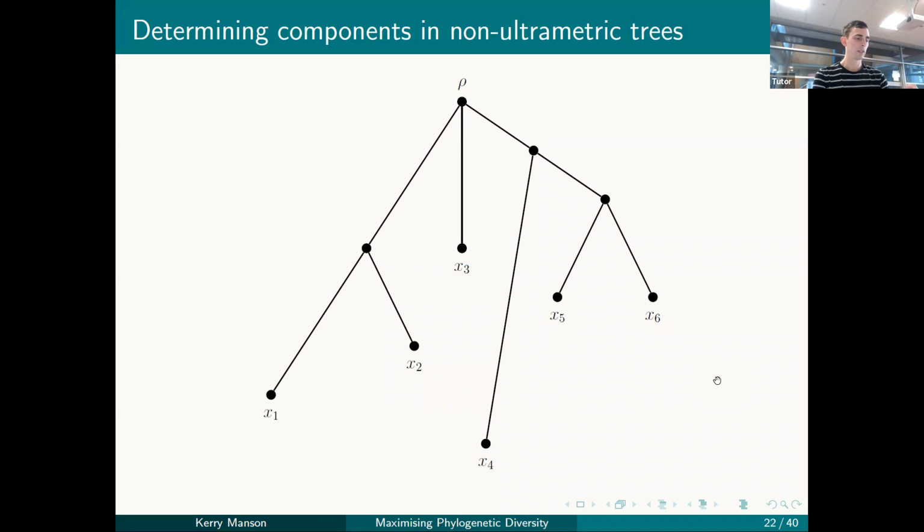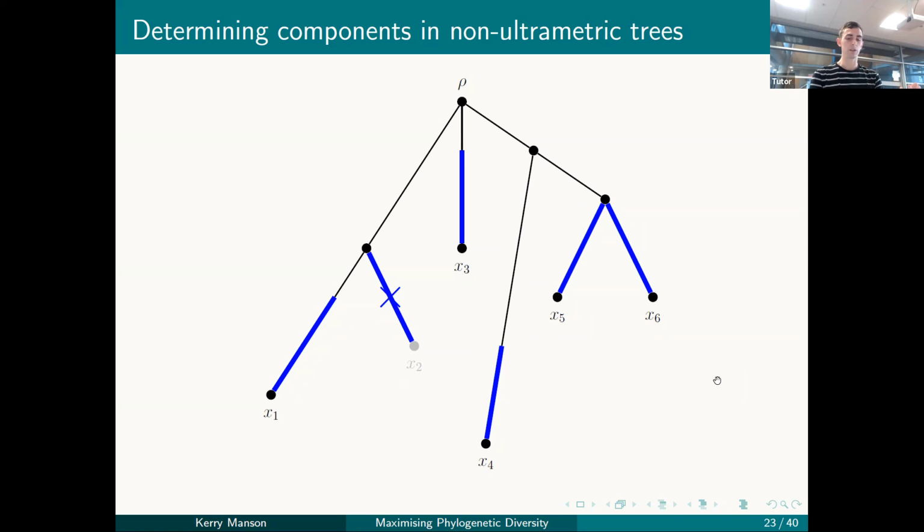The process is that we're going to traverse up each pendant edge at the same rate until we hit an interior vertex. So in the first step, in blue, I'm covering part of each edge, the same distance up each pendant edge, until X2's pendant edge has reached the interior vertex, but we have not reached it from the other side, from X1.